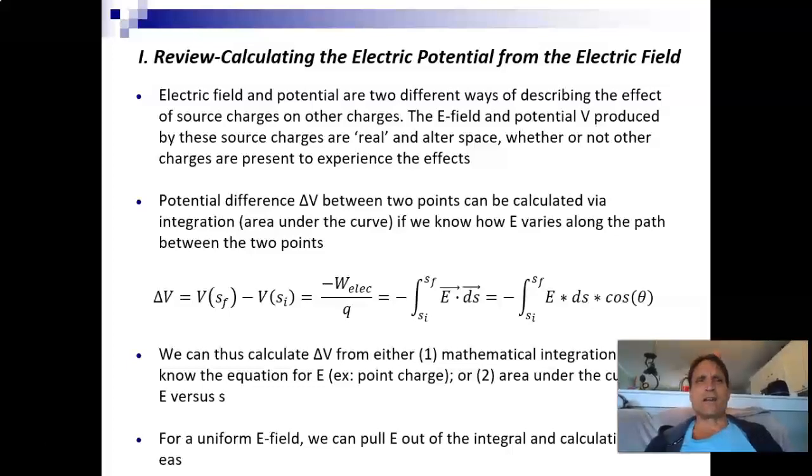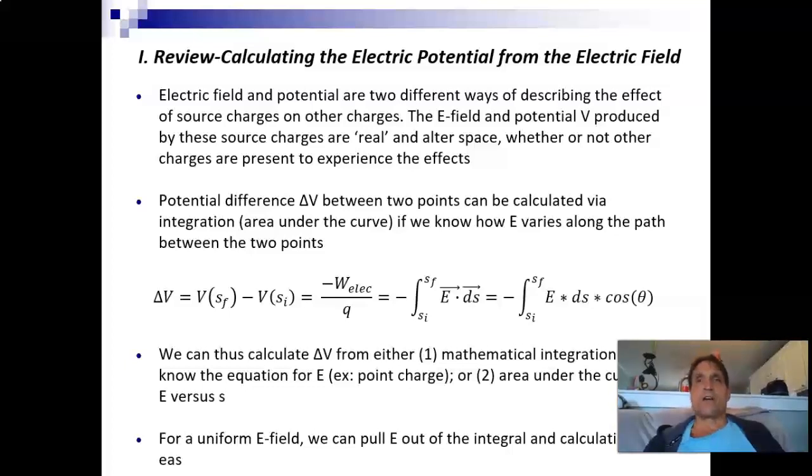The main thing to remember here is that the electric field and the electric potential are simply two different ways of describing the same thing, namely, how source charges affect the space that other charges move through.